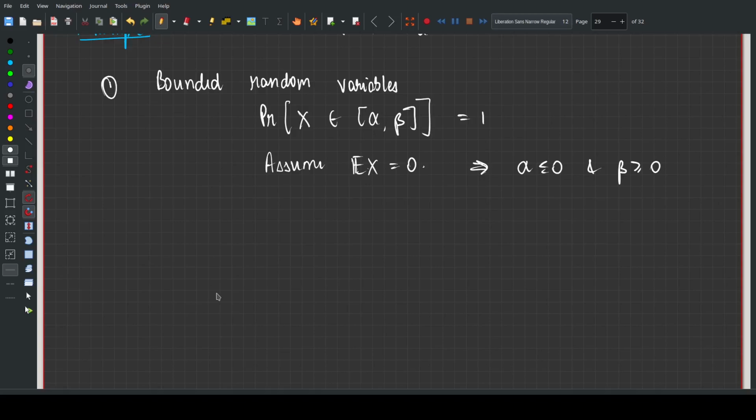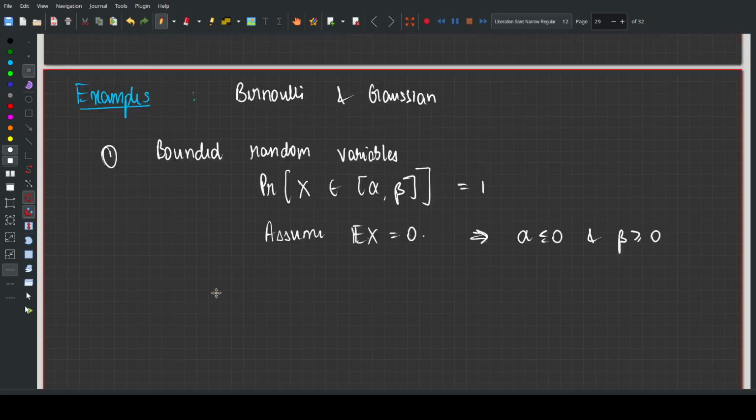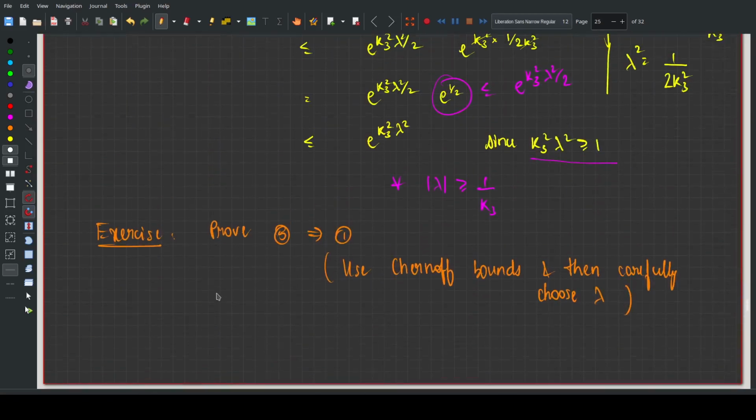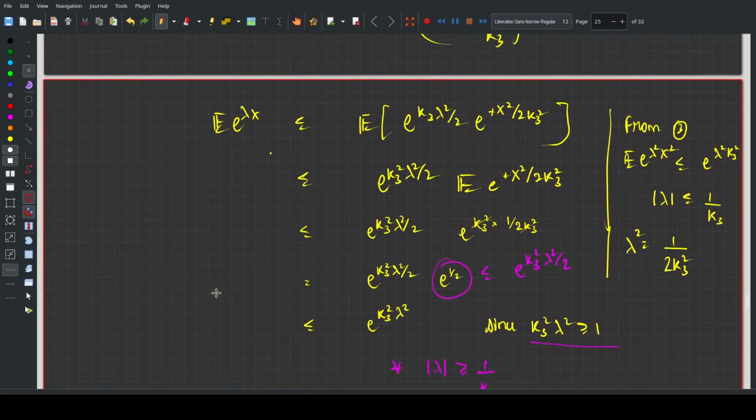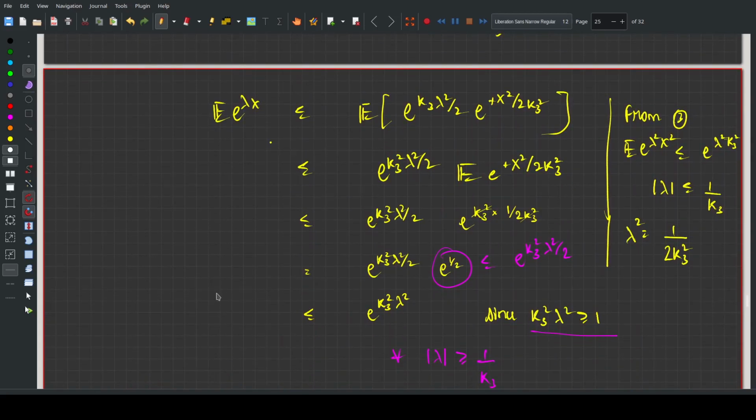We go to proof of 3 to 5. 3 to 5, okay. The first part or the second part? This part. The bound on the expectation of x squared times k3 squared. Correct. You assume the lambda is bounded. But if you want to prove this for all lambda, okay. So maybe it's an overuse of notation over here.